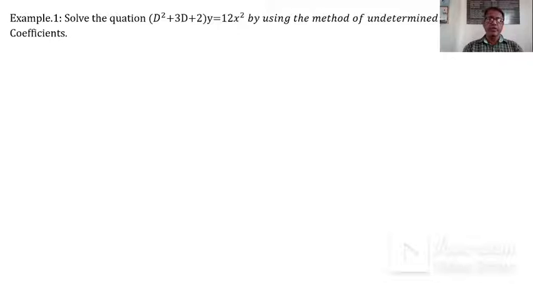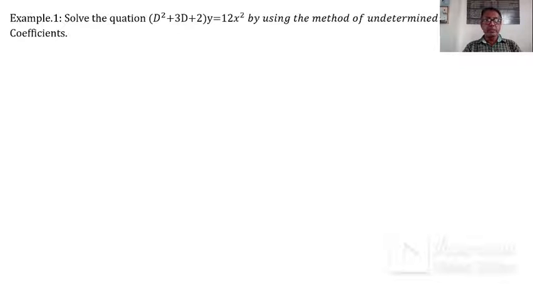Solve the equation (D² + 3D + 2)y = 12x² by using the method of undetermined coefficients.